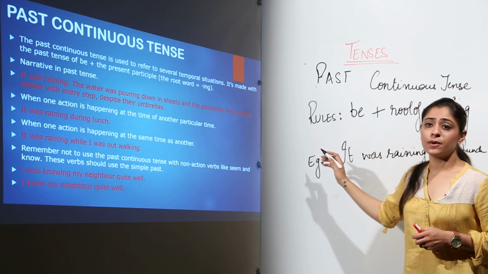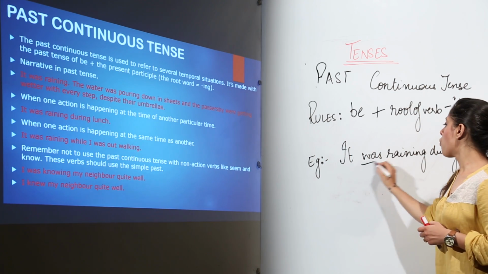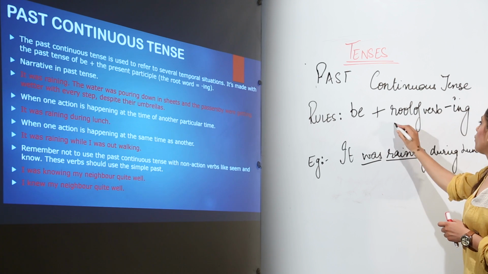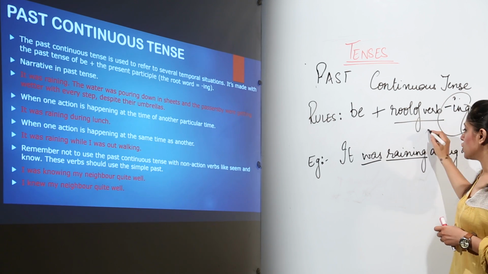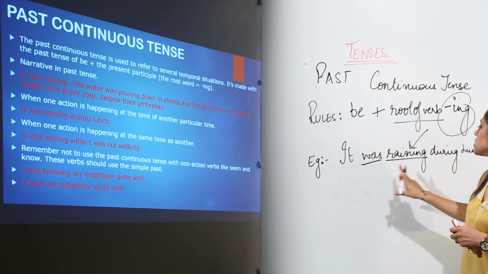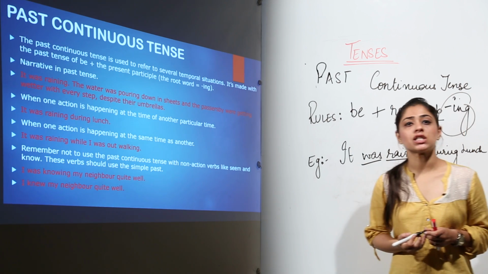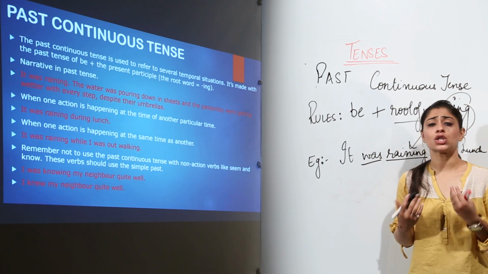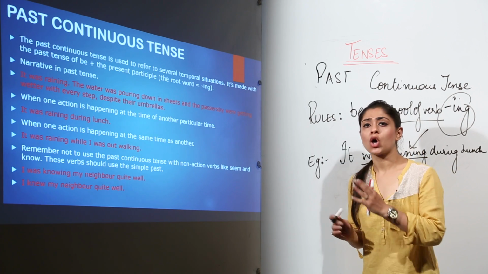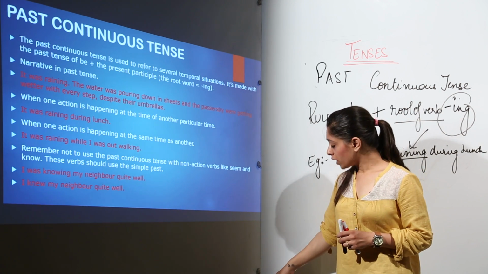Here, as per the rules, the implications are was and raining, the root form of the verb with ing. So this sentence, it was raining during lunch, is a past continuous tense where action has already taken place but it was continuing then. Moving on.